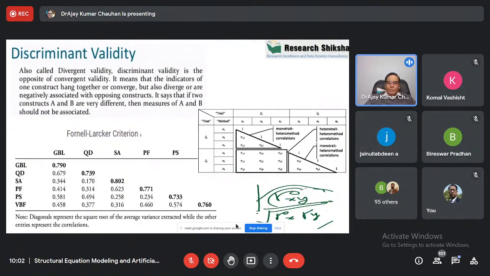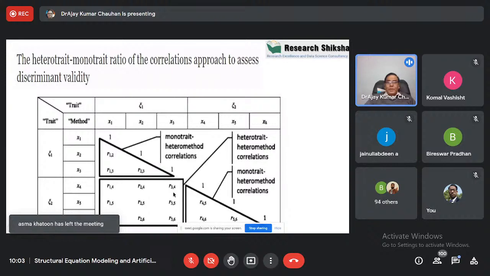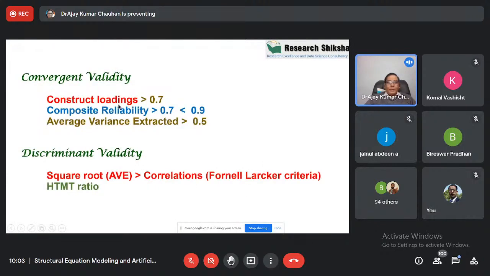So you will have this kind of table from the software. And this is also the type of result in the HTMT ratio. Fornell-Larcker criteria can be represented by this. In formative it is not applicable, but in others you can measure it. Similarly, the HTMT ratio looks like this. In short, we have these two criteria to be reported in the paper.